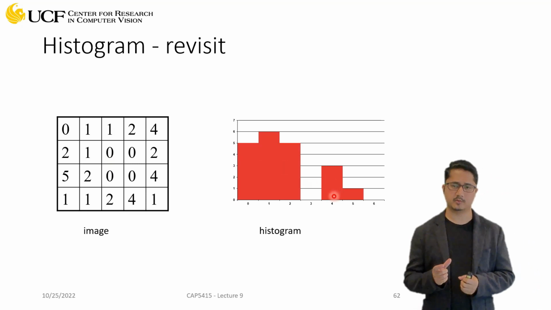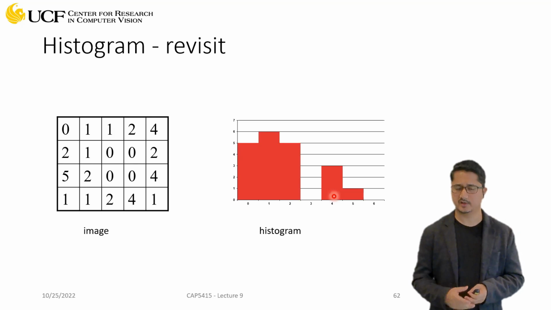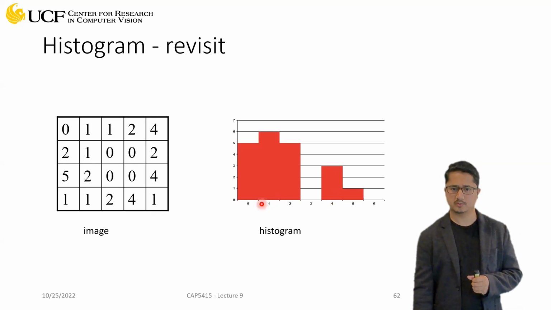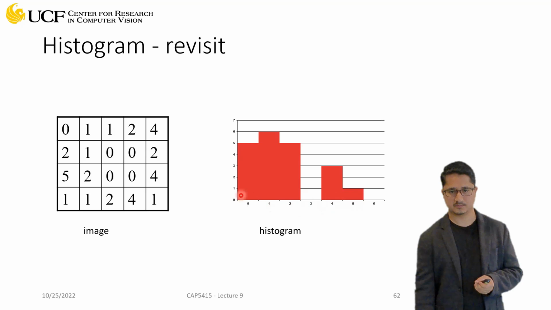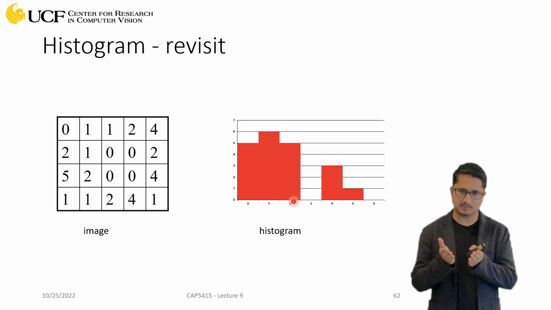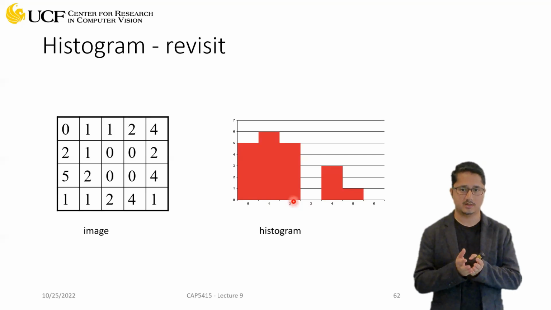Okay, so that's a basic formulation. And of course, there are a lot of variations. One variation could be, what if you are not interested in having too many bins? In this case, if there are 6 possible values, then you have 6 different bins, 1 bin for each value. You can actually try to club these bins between values.